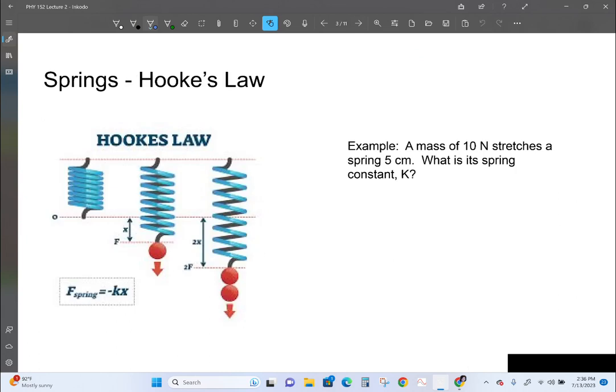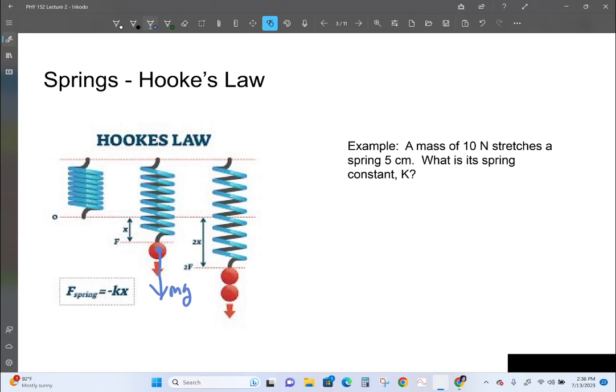So that force, which is directly related to the stretch of the spring, is called the restoring force. And that's described by Hooke's law. It says that the force of the spring on the object that's oscillating up and down is in the opposite direction. So if I put a mass on here, it has a certain weight, right?